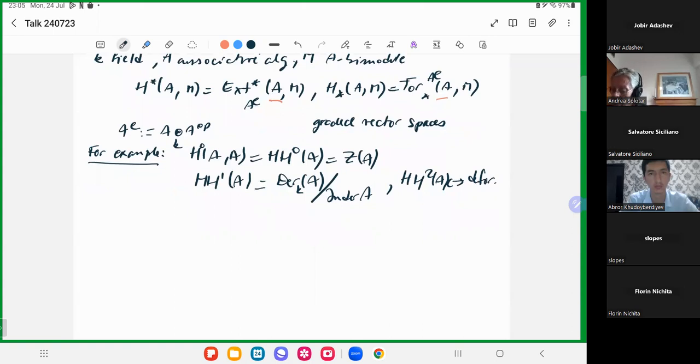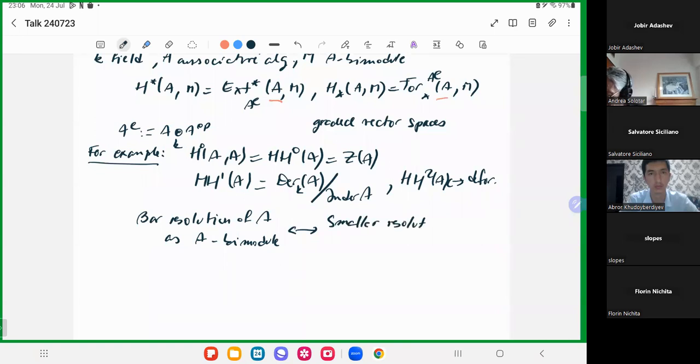And as I was saying, we have the bar resolution, which is the standard resolution of the algebra A as A-bimodule, but it has the problem that it is very big. For theoretical use, it is okay, but when we want to do computations, we need to find smaller projective resolutions.